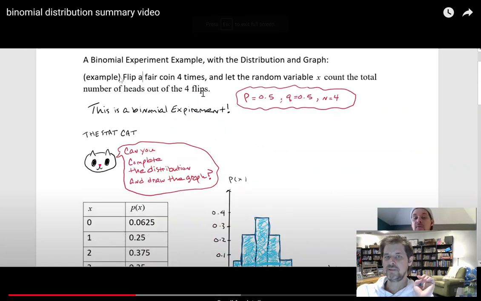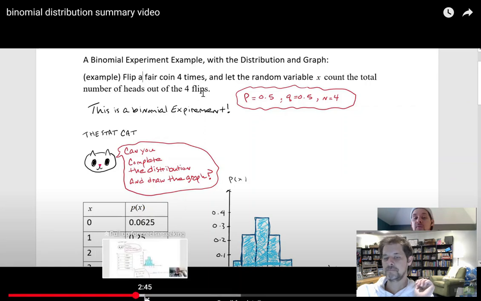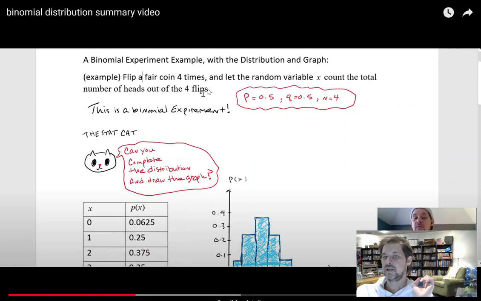This one dealt with a binomial experiment where we flip a fair coin 4 times, and we count the total number of heads out of 4 flips. If you flip a coin 4 times, you either get heads or tails on each flip, and we count how many heads we get on all 4 flips.